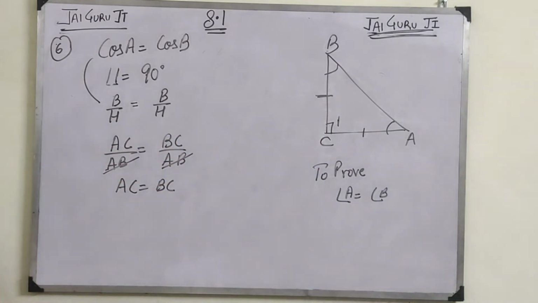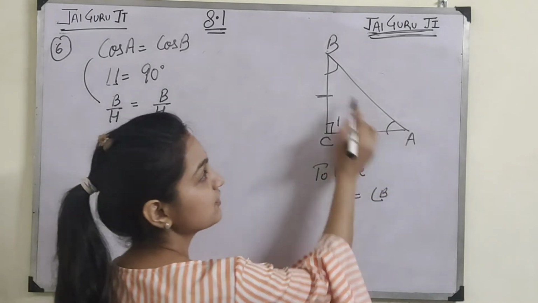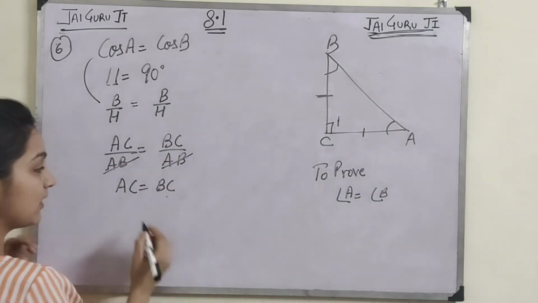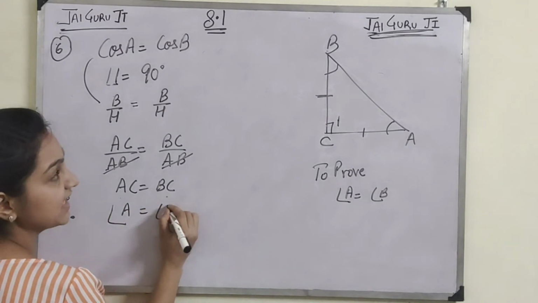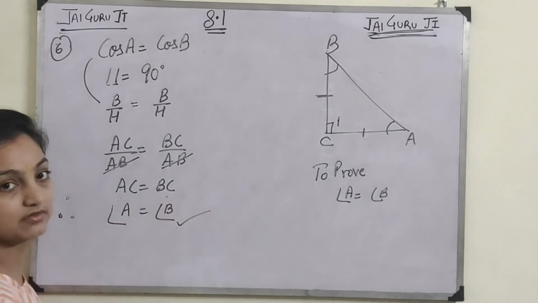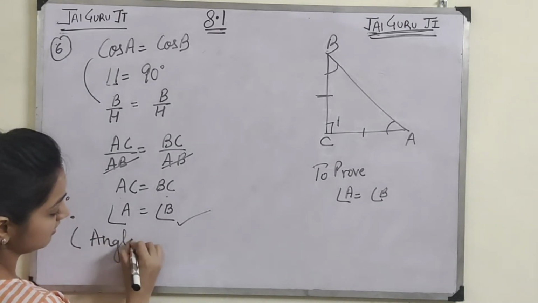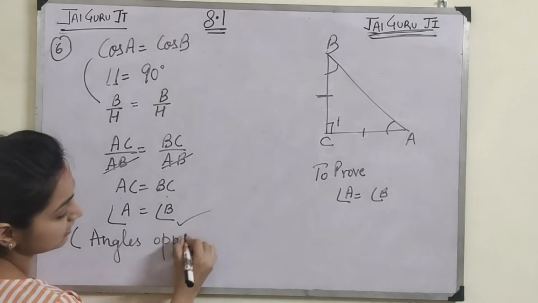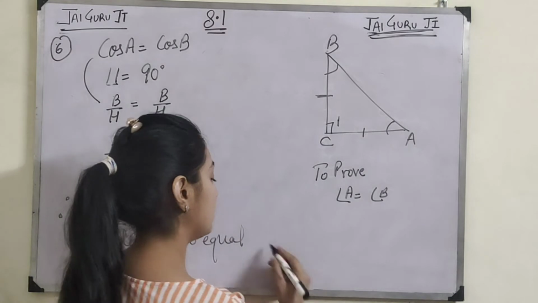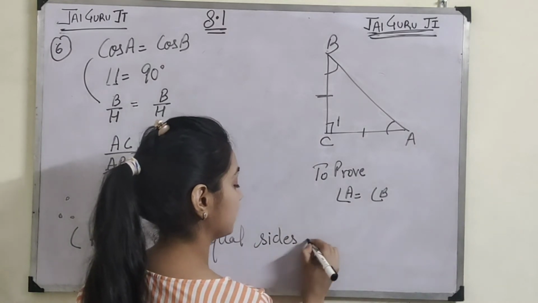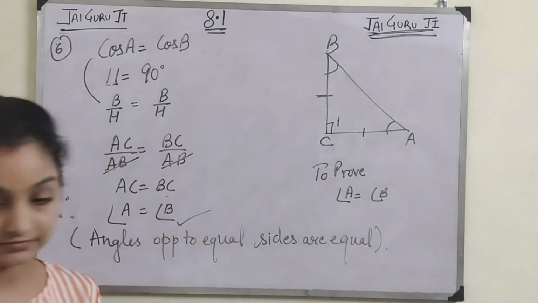There is a theorem, when two sides are equal, the angles opposite to the equal sides are always equal. So angle A is equal to angle B. It's proved. You will write it in the bracket, angles opposite to equal sides are always equal. So this is done.